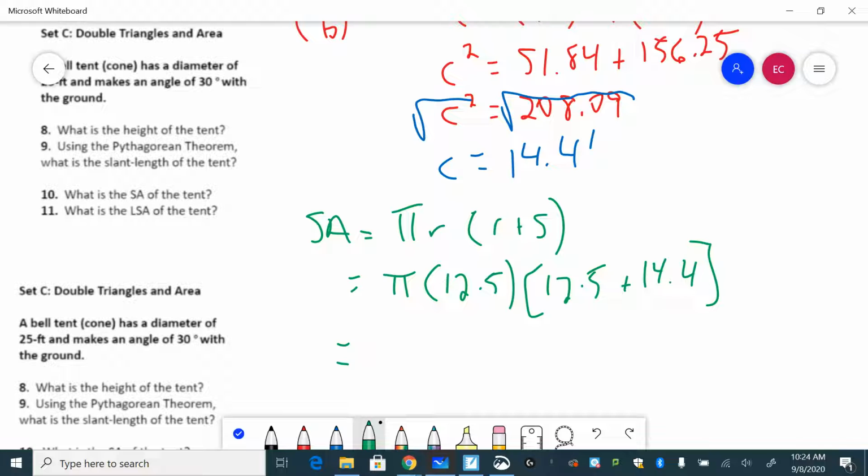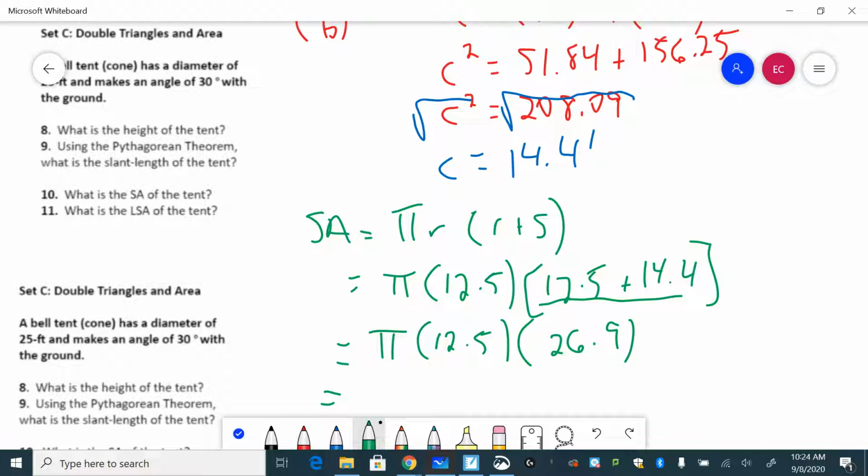If you don't have a very good calculator, then I would add what's in the brackets, 12.5 and 14.4. So I'm going to do that. So I'm going to rewrite pi 12.5, and I'm going to add those two together. So right here. So that worked out to 26.9. And then you can just use your calculator and multiply them together.